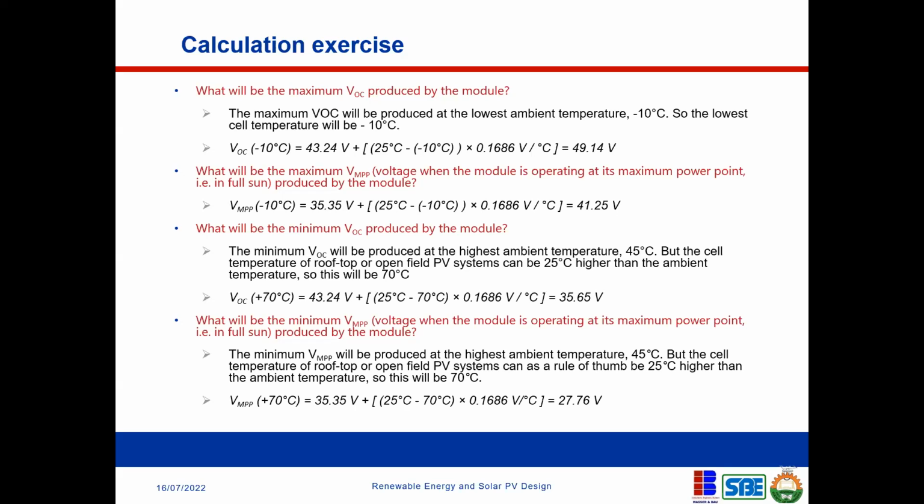It increases. Exactly. So because you're going below 25 degrees centigrade, you will have a voltage that is higher than the voltage at standard test condition, which is 43.24. But on the other side, if the temperature is increasing beyond 25 degrees centigrade, the voltage will begin to reduce. Is that clear now? Yes, it's clear. Thank you.